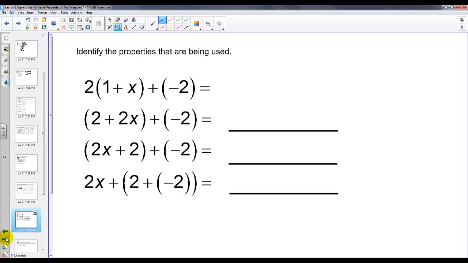So in this example, I've given you a starting point, and then we're going to identify the property used moving down. You'll see that the 2 is still in the same place, but the numbers have changed, so it looks like this 2 has multiplied in. Thus, when we do that, we're talking about the distributive property.